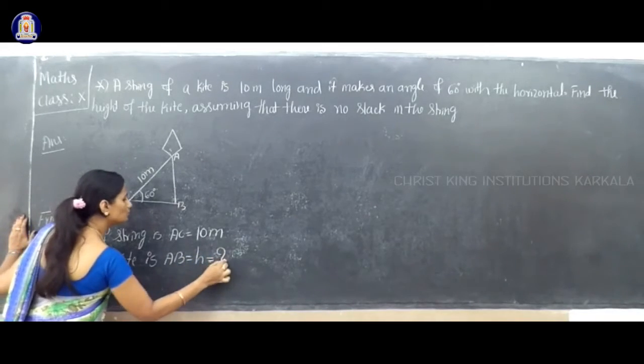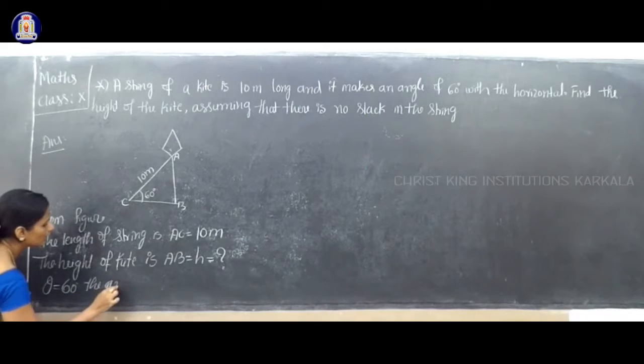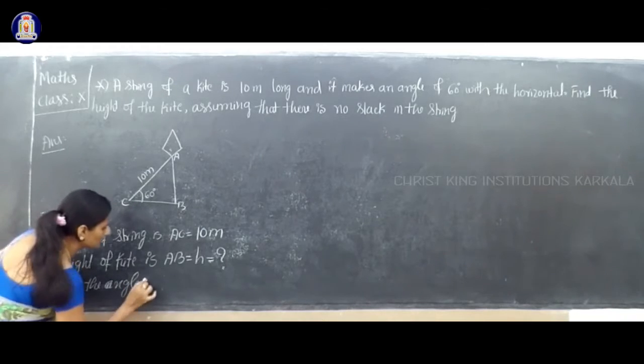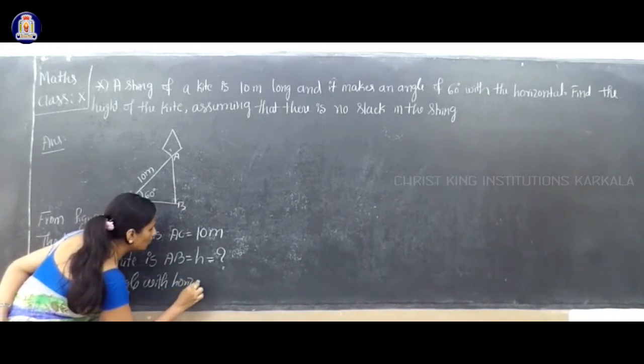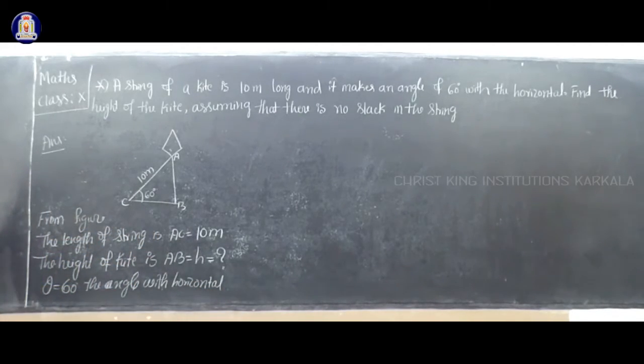That is your question. Next, theta is equal to 60 degrees, the angle with the horizontal line.